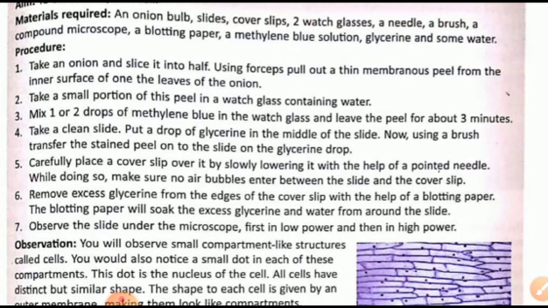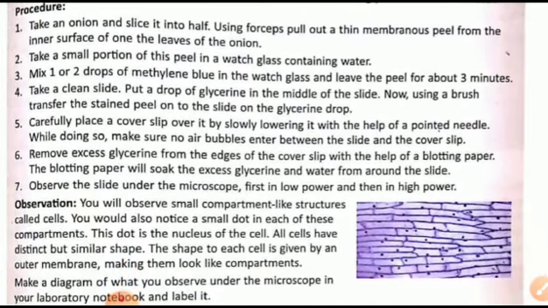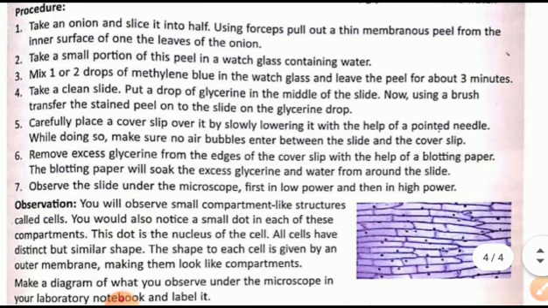Procedure: take an onion, slice it into half, and using forceps, pull out a thin membranous peel and put it in a watch glass containing water. Mix one or two drops of methylene blue so that the peel is stained bluish. Leave the peel for about 3 minutes, then wash with water so that the extra stain is washed away. Now take a clean slide.